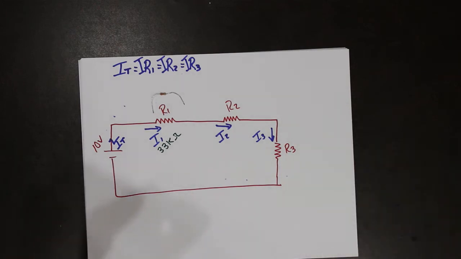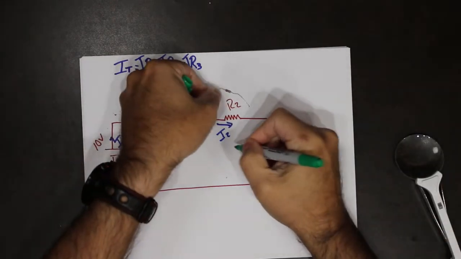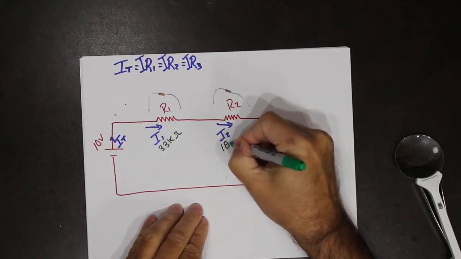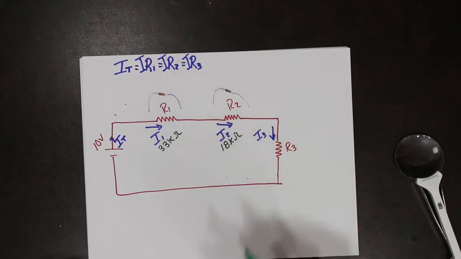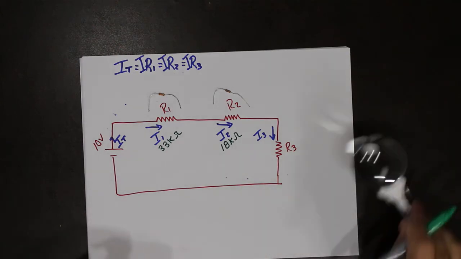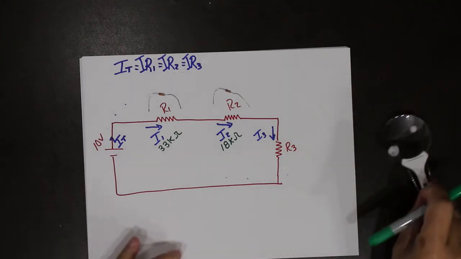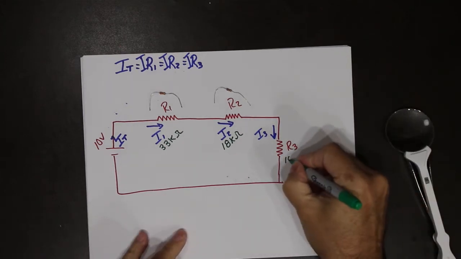Resistor 2, 18 kiloohms. Resistor 3, 10 kiloohms.